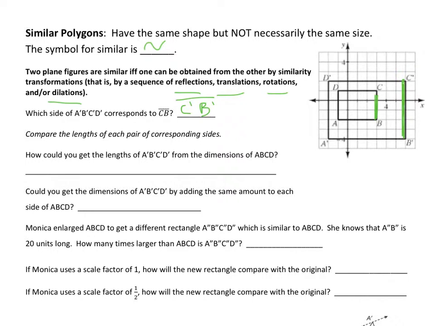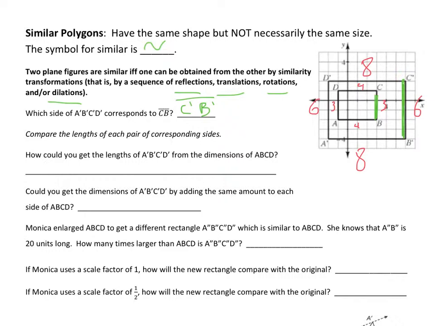Compare the lengths. Well, this length of the large rectangle is 8, and then the side is 6. The smaller rectangle is 4 and 3. Notice that the longer one is twice as big. 4 times 2 is 8, 3 times 2 is 6. How could you get the lengths from the dimensions of ABCD?